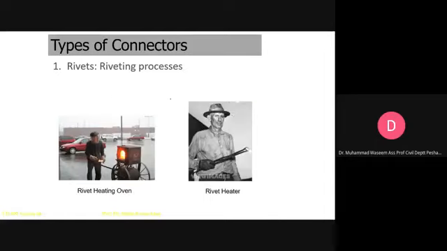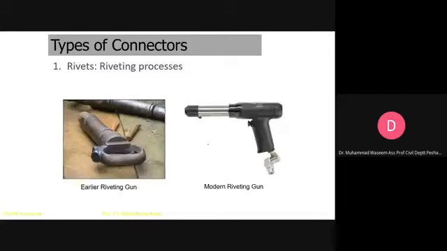As I told you, you have to heat the rivet before driving it into the connection. You can see in this picture that the rivet is heated here. Riveting is carried out with the help of a riveting gun.